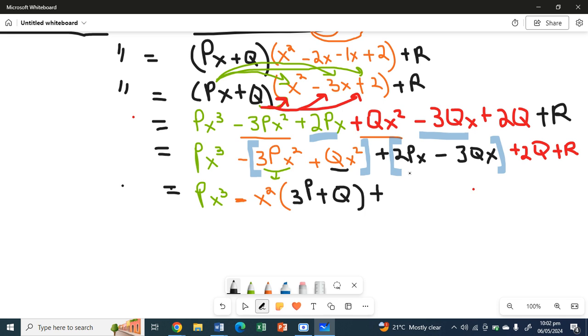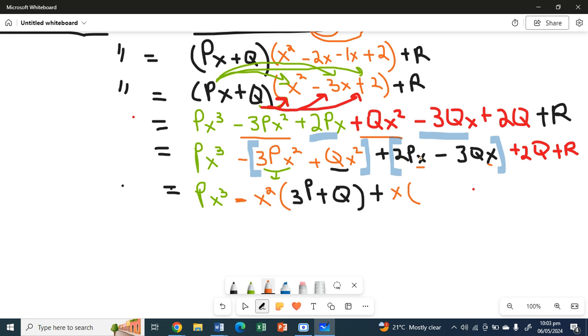Plus, we come to these two terms, 2px and 3qx. You say, what is our common factor? The common factor is x. So you put the common factor outside. Then you divide each term by the common factor.